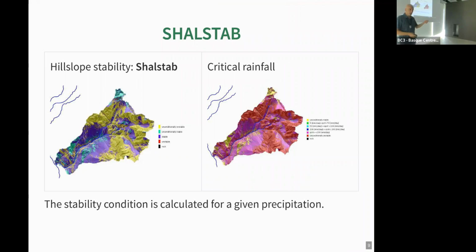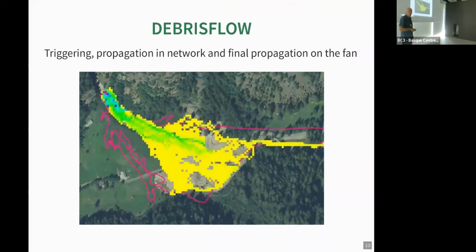This is for hillslope stability. It's called ShallStop, and it gives you critical rainfall and the stability in the various parts of the basin. We have one model that works with debris flow.